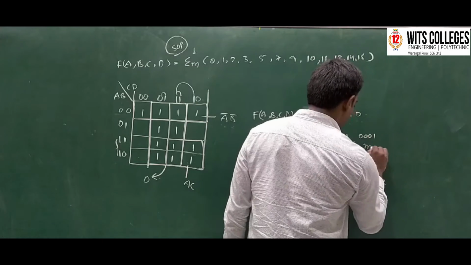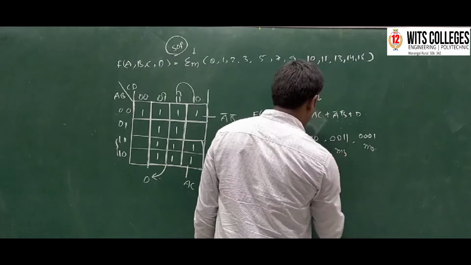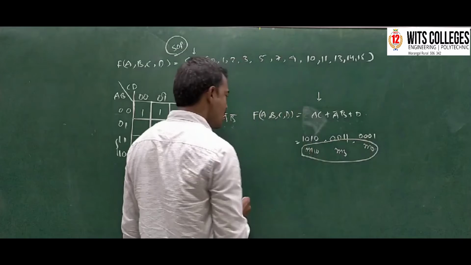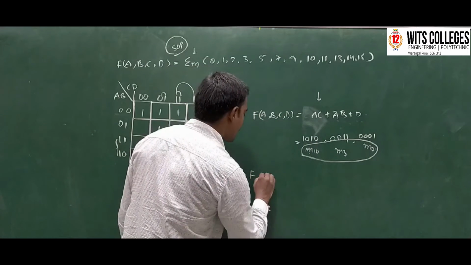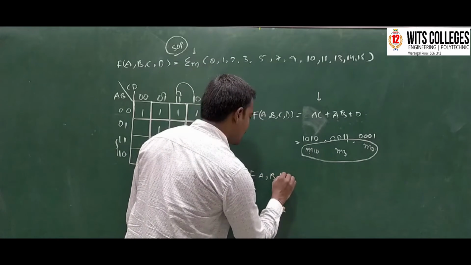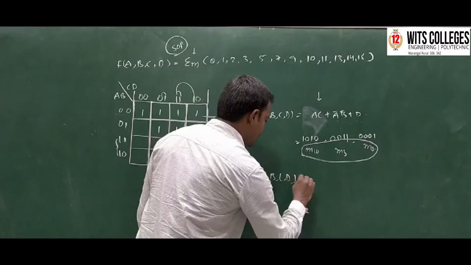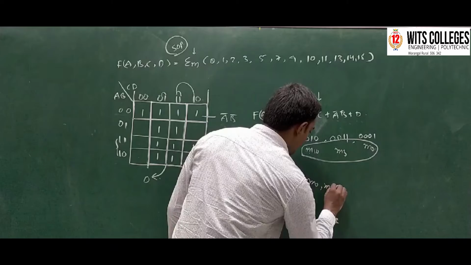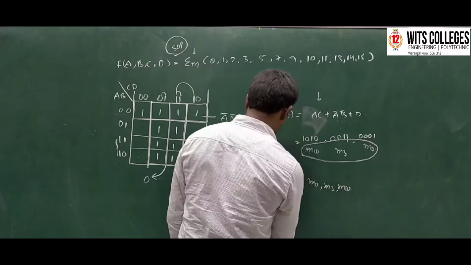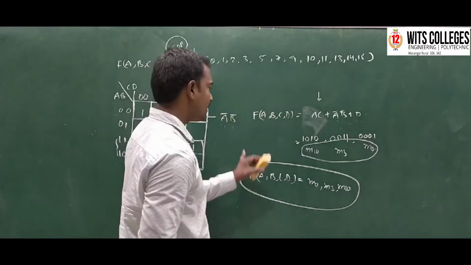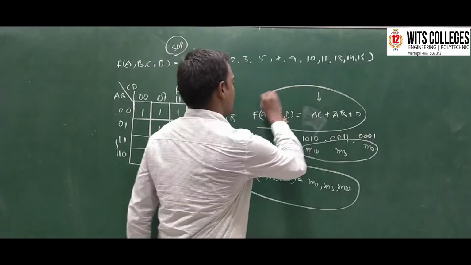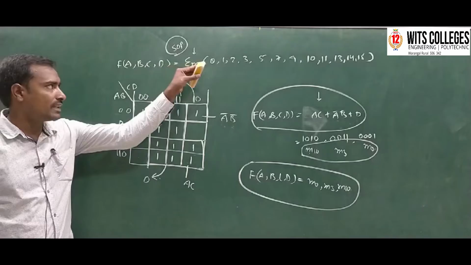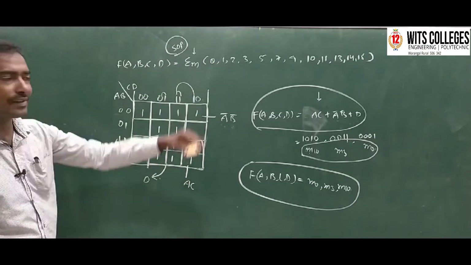So this is M0, this is M3 and this is M10. These all are the min terms for the function f of a, b, c, d, equal to m0, m3, m10. This is the final simplified expression for the given function f of a, b, c, d equal to summation m of all the variables.